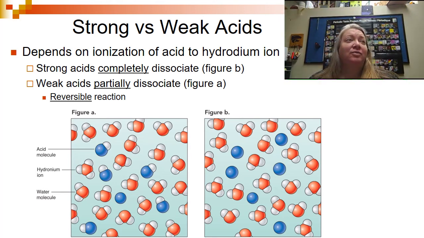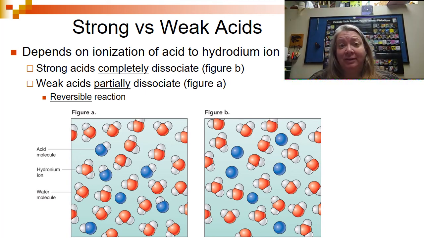It doesn't refer to how much harm it can do to a person or how much metal it could react with. All strong versus weak deals with is if you put this substance in water, how much does it break apart? How much does it dissociate? So strong versus weak, again, depends on the ionization of an acid to the hydronium. So how much does it break apart?